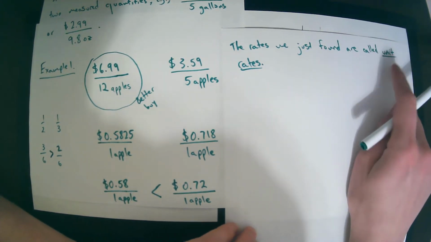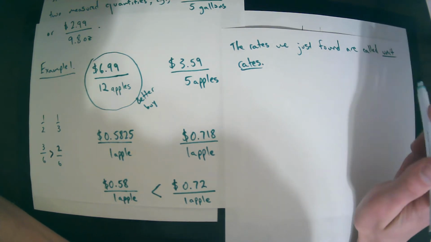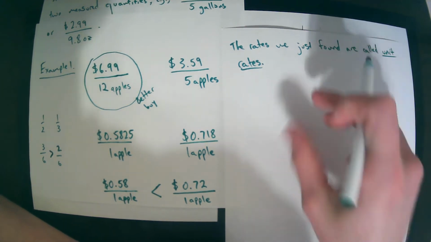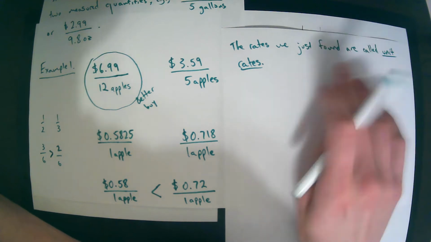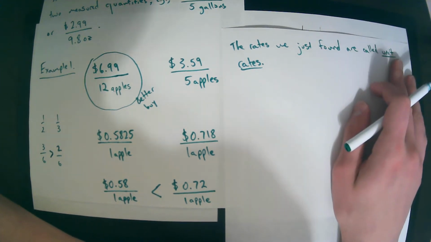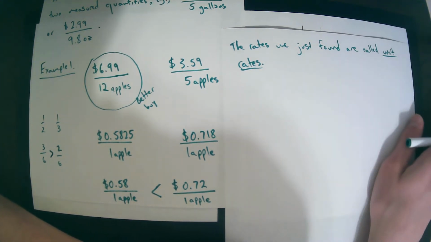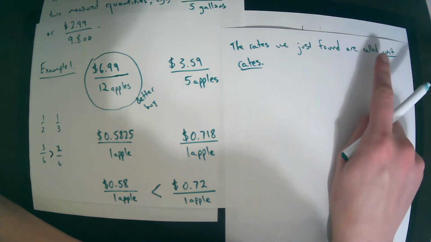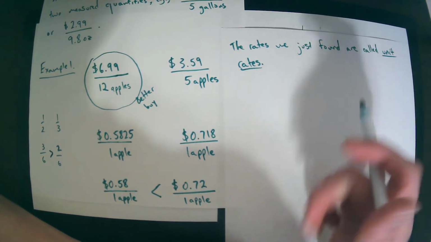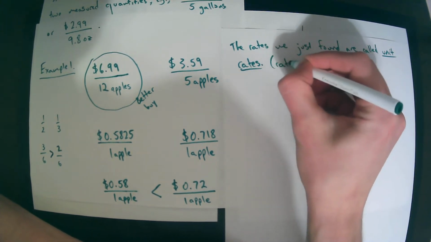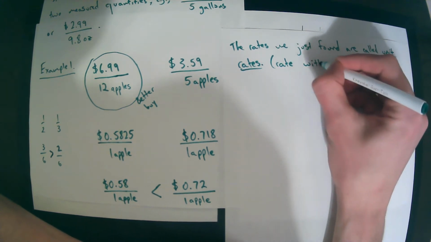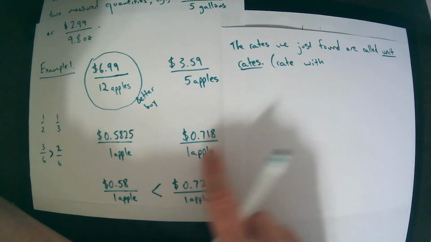Like if you've ever taken trigonometry and learned about the unit circle, it was a circle of radius 1. Unit just means one all over the place in math. So a unit rate means a rate with a denominator of 1, of course with whatever unit attached to it as well.